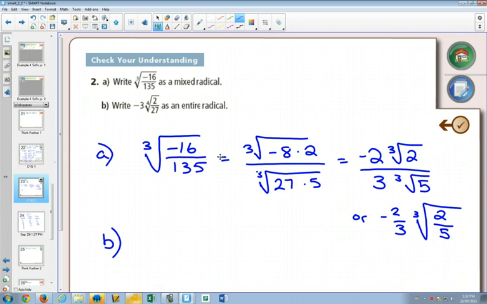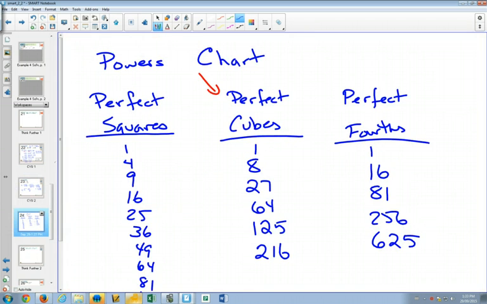Part B, when you're writing a mixed radical as an entire radical, what we're going to do is write the 3, in this case, as a 4th root. We still have 2 over 27 here. So if I'm thinking 4th roots, I'm going to my powers chart and I'm thinking perfect fourths.